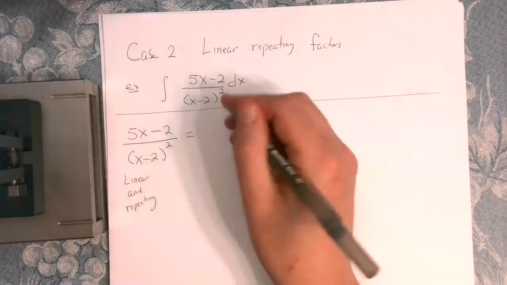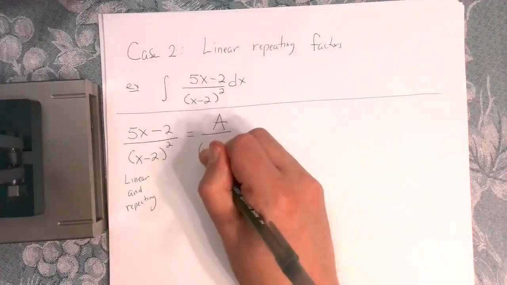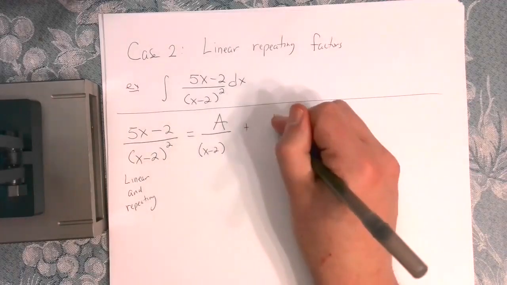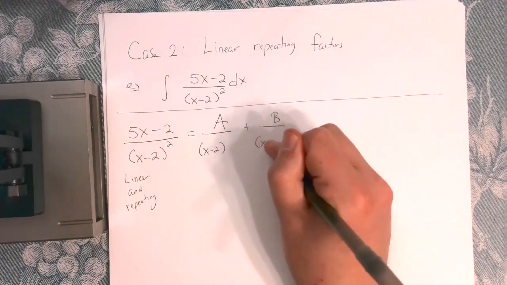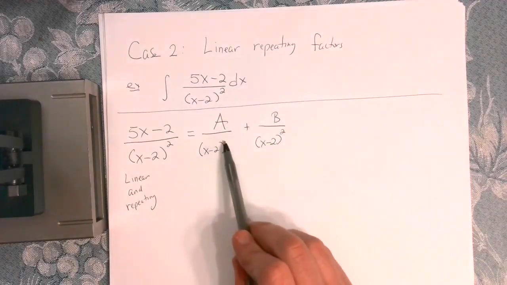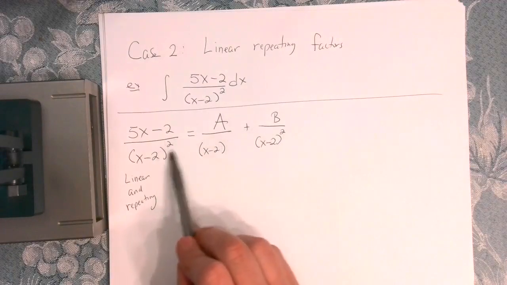Here's what you need. You need a constant over a copy to the first, plus a constant over a copy squared. What you're doing is leading up integer power by integer power till you get to the ultimate power of 2.